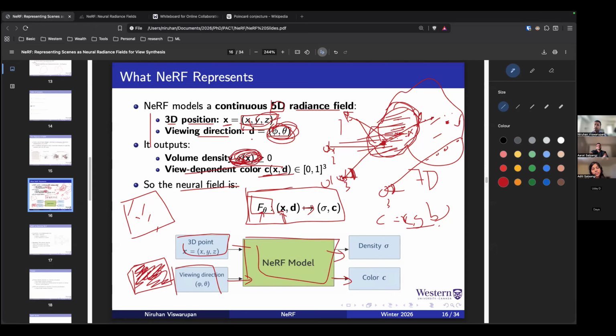When we come to the rendering part, these high density points will, when you render, emit a lot of their own color, and also absorb a lot of light. We will come to that point later.